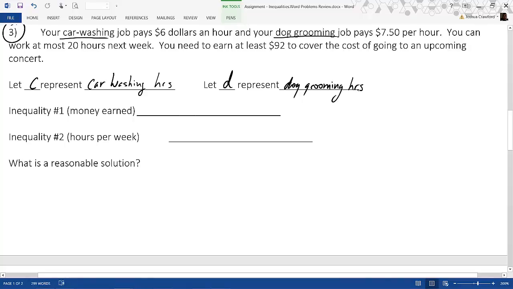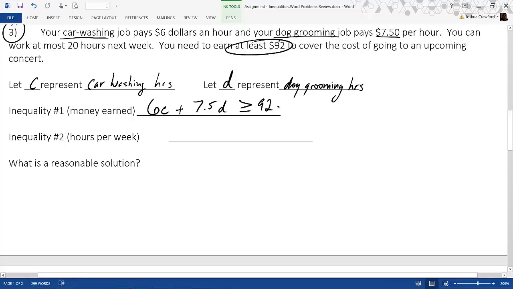Now inequality 1 deals with money earned. So how much per hour is it for car washing? $6. So I'll go ahead and put 6C plus 7.50D, and we need at least $92. So 6C plus 7.5D will be greater than or equal to 92.